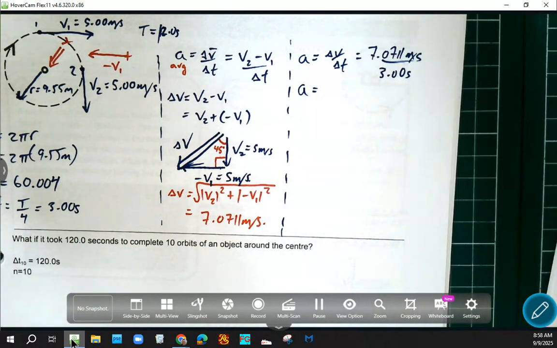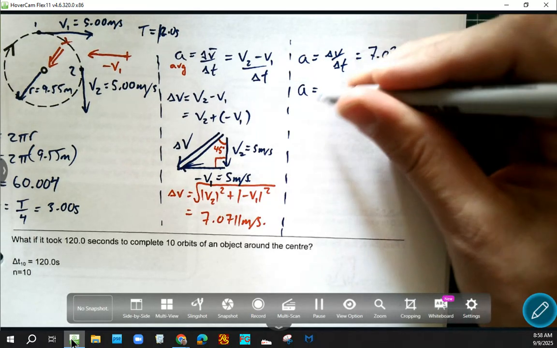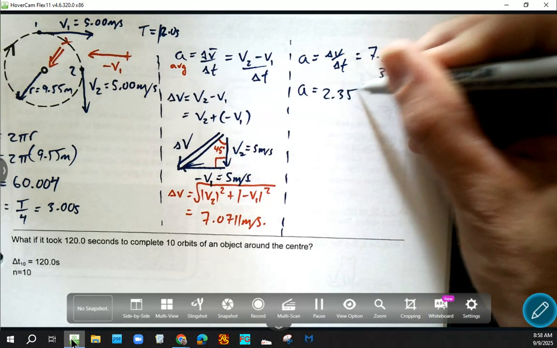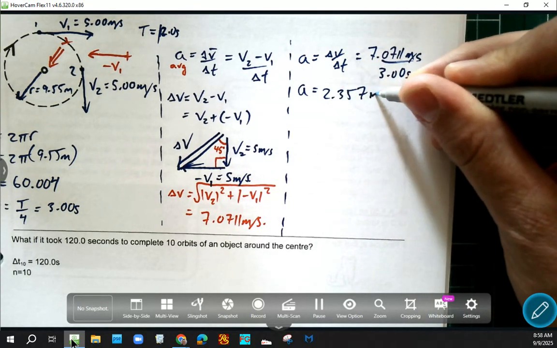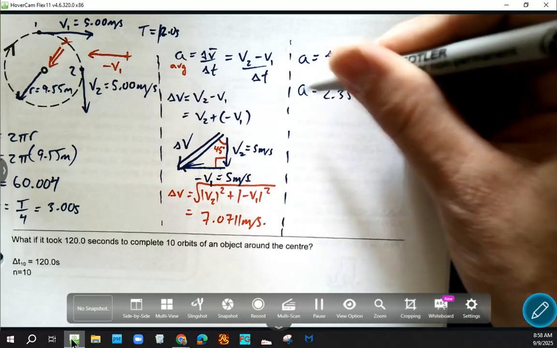So somebody help me out. 7.0711 divided by 3. Yep. 2.357. Nice. 2.357 meters per second squared. I'll put a box around that.